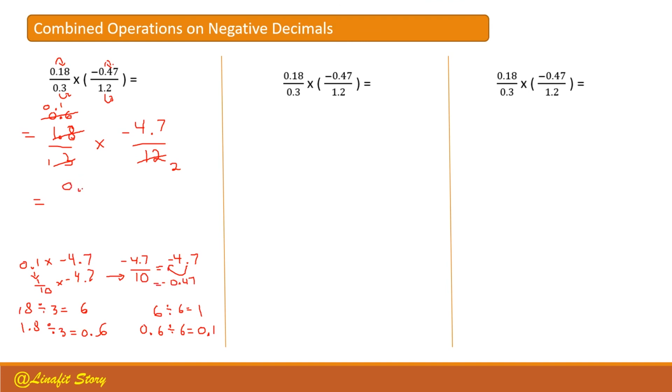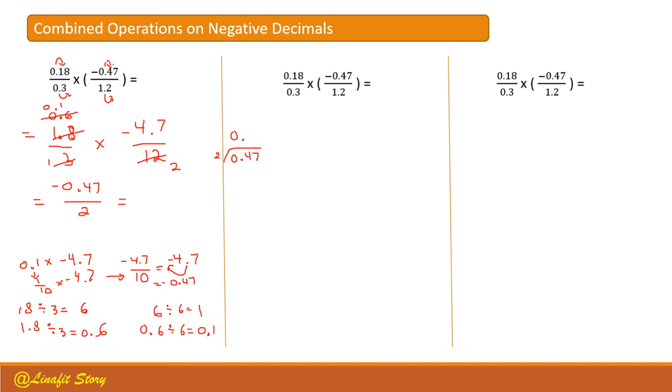Negative 0.47 out of 2. Then let's count here. 0.47 divided by 2. 0 divided by 2 cannot write. This is the decimal place, so you write over here 0.